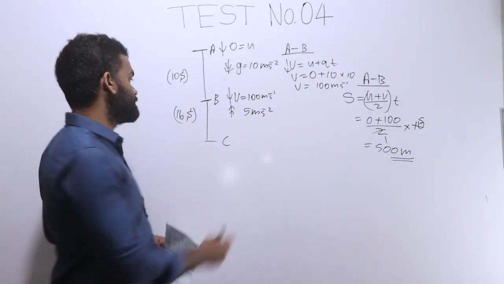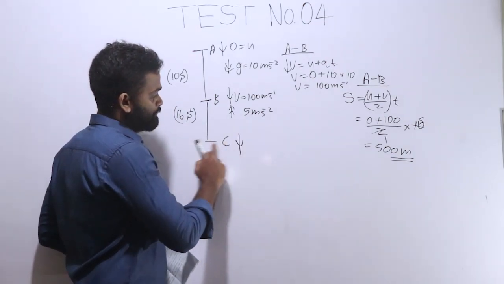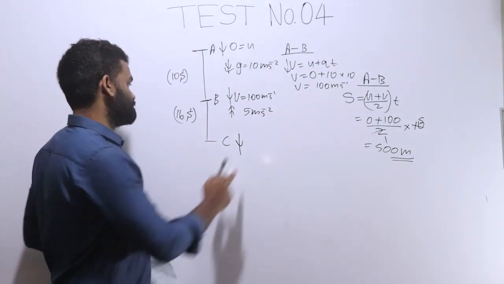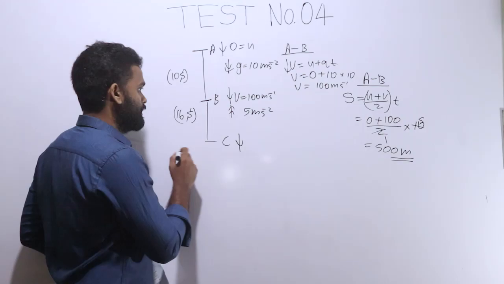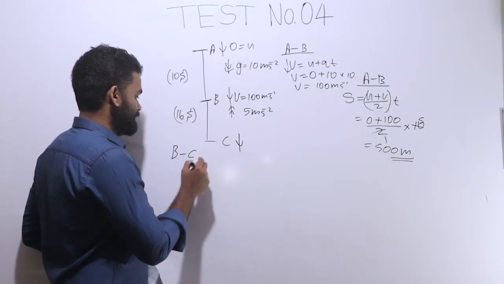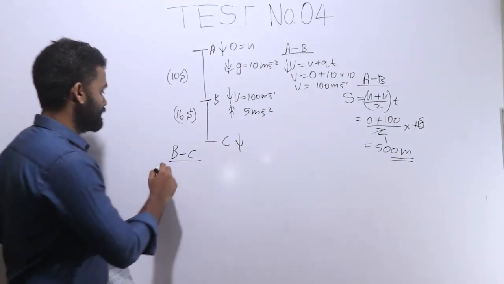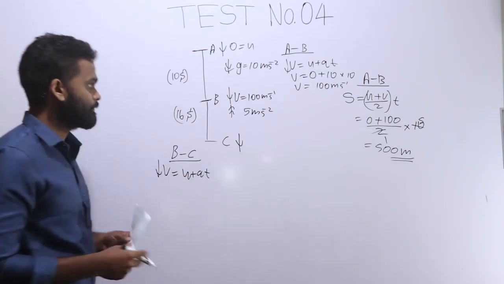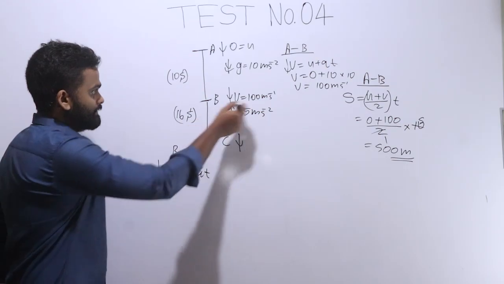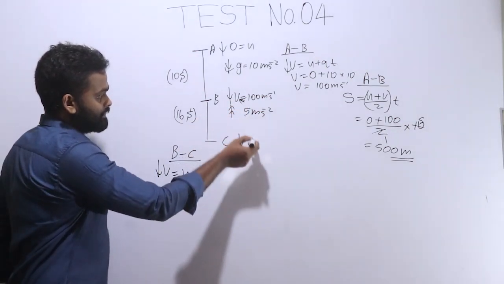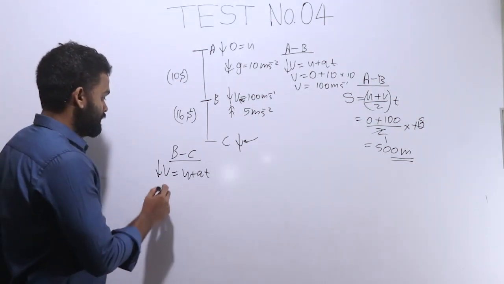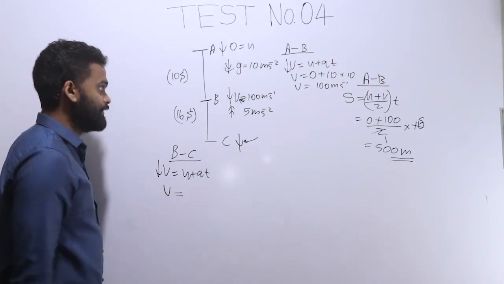So for that, first I'll find the speed at C. Again, between B and C, I'll apply v equals u plus at, downwards. This is the initial velocity now between B and C. Velocity here is the final velocity, so we don't know that. I put v there.